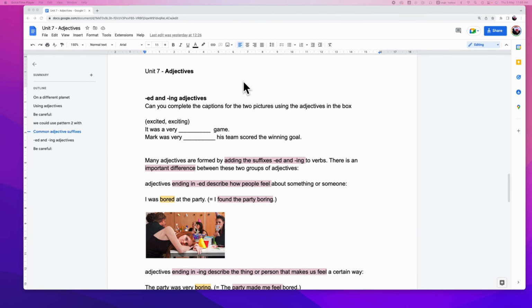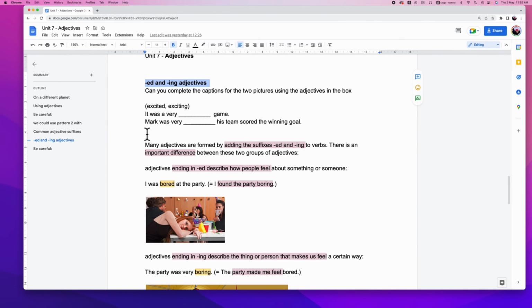Today the topic is about ed and ing adjectives. Take a look at these two sentences and see if you can answer properly. The words given are excited and exciting. It was a very exciting or excited game. Mac was very excited or exciting.